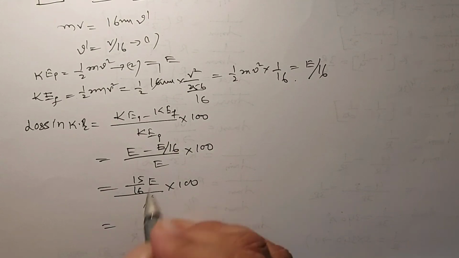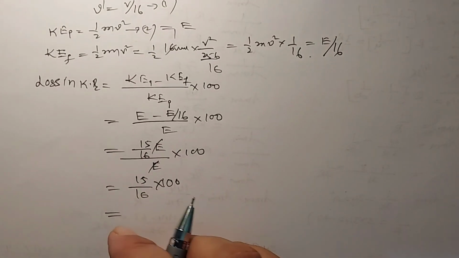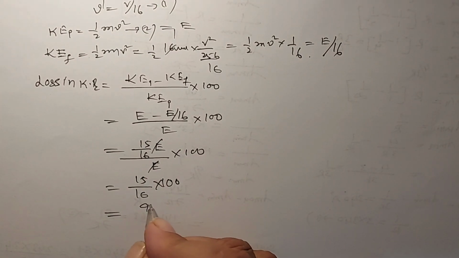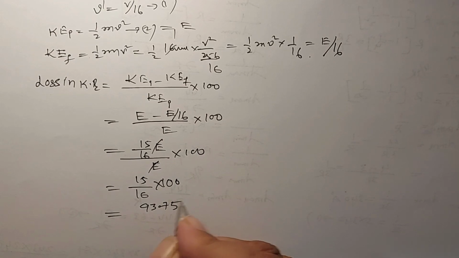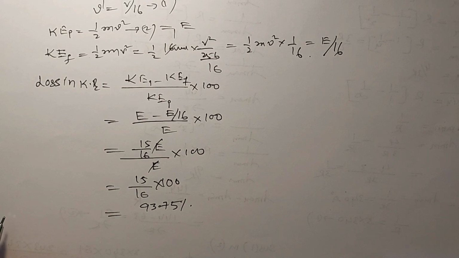E cancels, so 15 by 16 into 100. By doing the calculation, we get 93.75%. So the loss in kinetic energy is 93.75%.